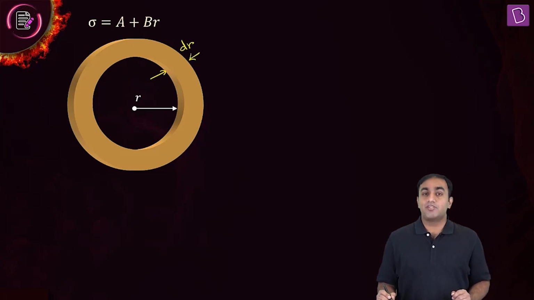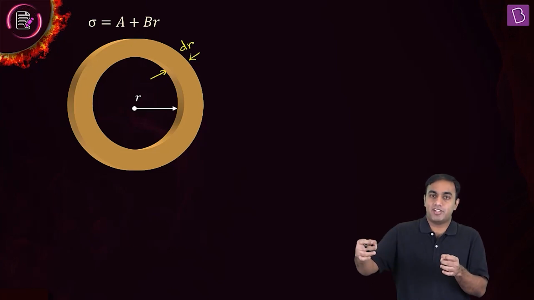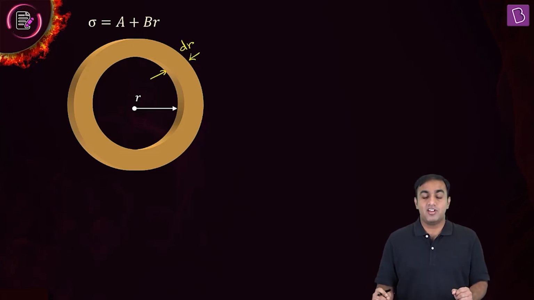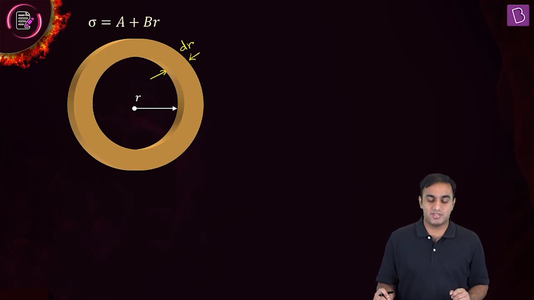Then we will talk about placing such infinite number of differential elements with varying radius all the way from center till periphery and thereby constructing the thin disk which is in question, and that integration will give us the moment of inertia that we need. So let's start with the mass.